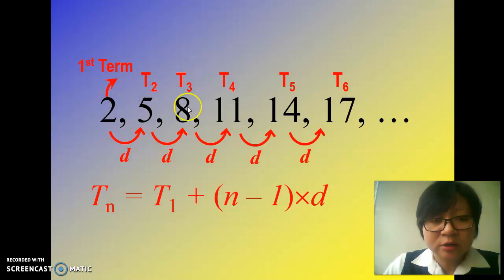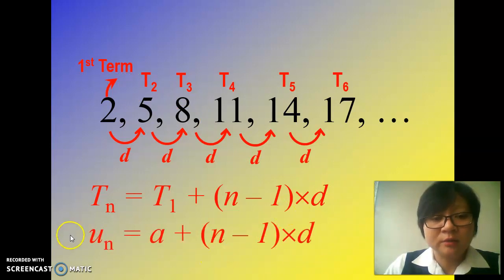To find the third term, you need to add 2 times d to the first term. To find the fourth term, you need to add 3 times d to the first term. To find the fifth term, you need to add 4 times d to the first term. To find the sixth term, you need to add 5 times d to the first term. That's where this formula comes from.